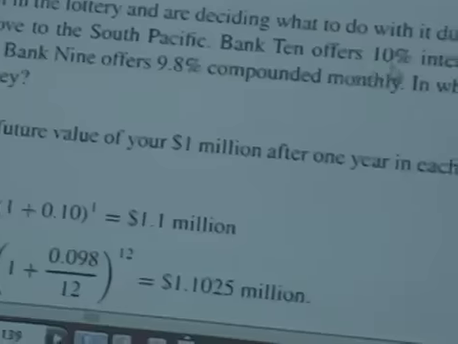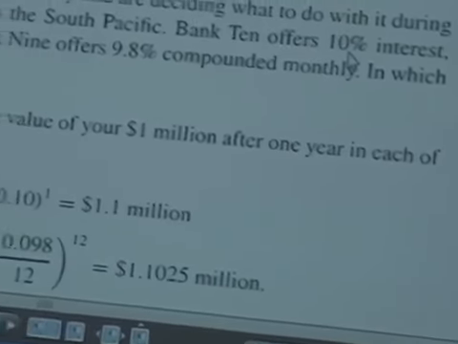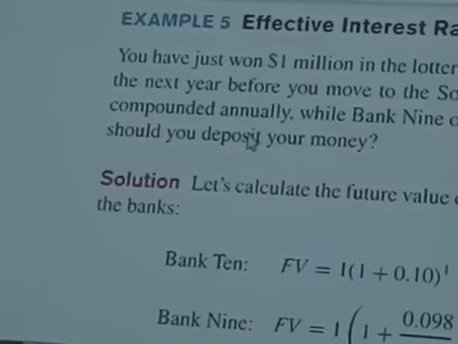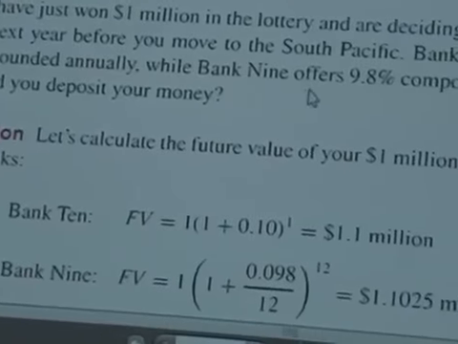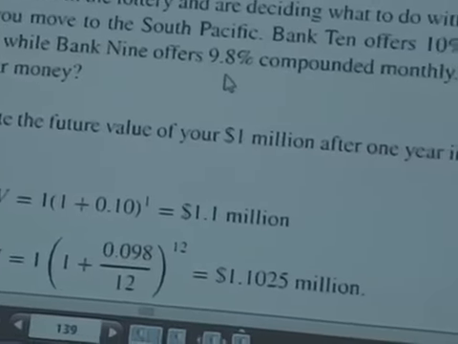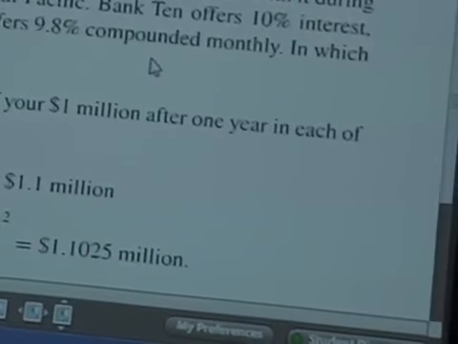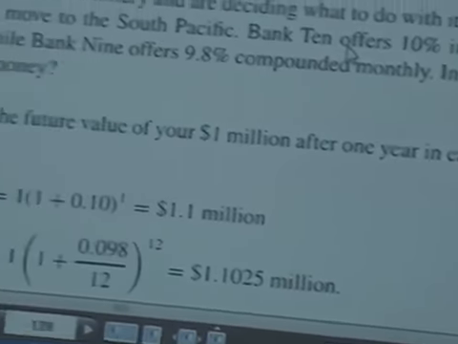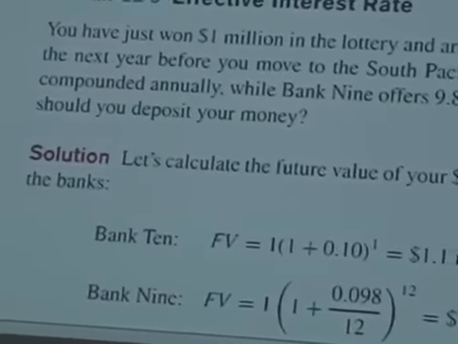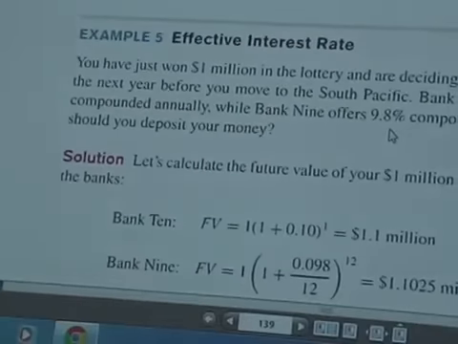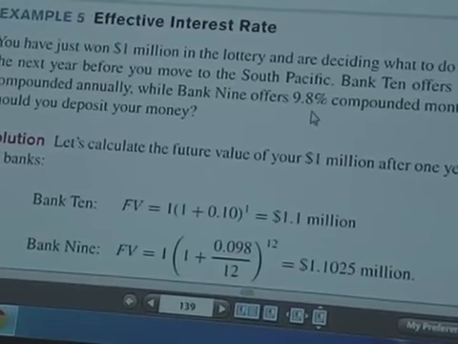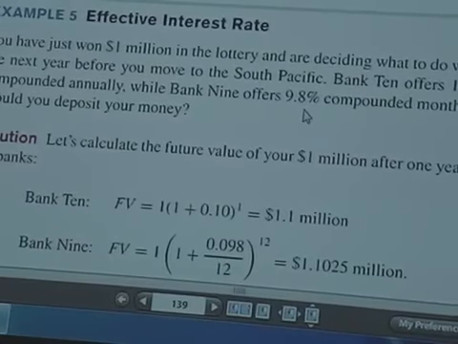Bank 10 offers 10% interest, compounded annually, while Bank 9 offers 9.8% compounded monthly. Okay, so Bank 10 gives you 10%, and Bank 9 gives you 9.8%, okay? But the compounding periods are different. Bank 10 is what?